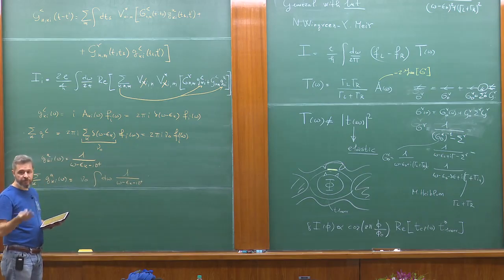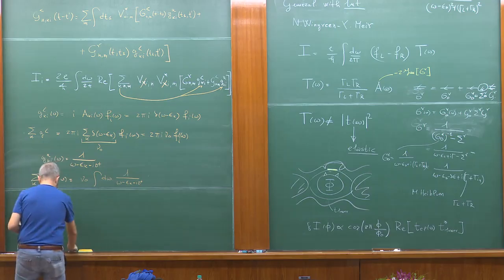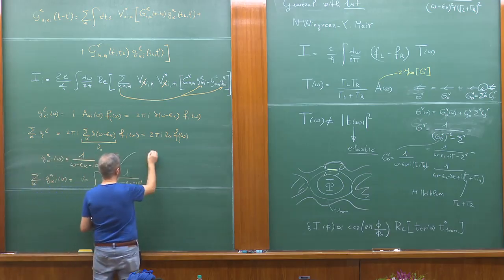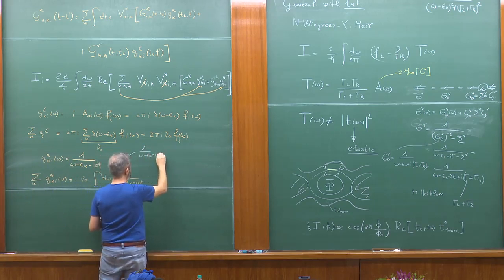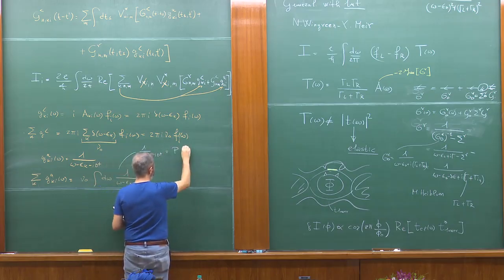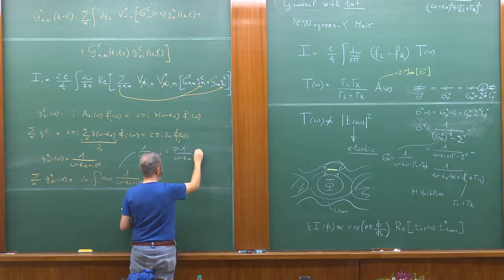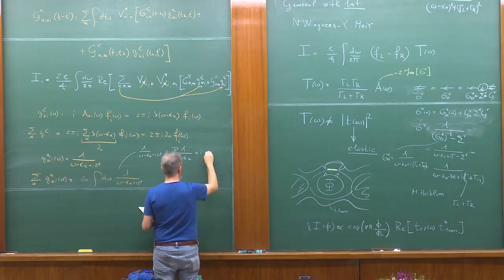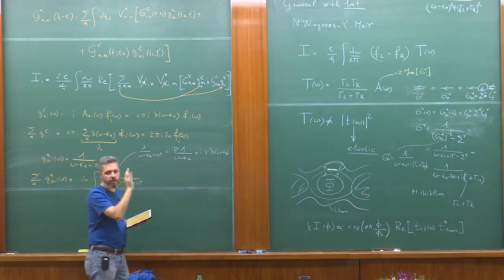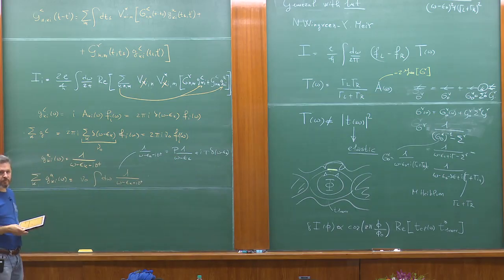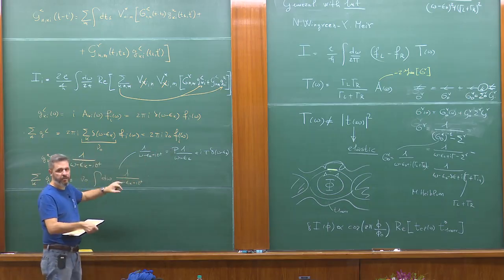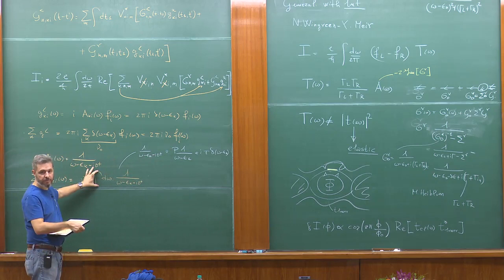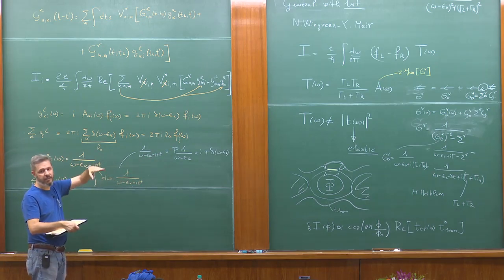And then I use the Cauchy formula, which I'm sure you're all familiar with, usually written in the form 1 over omega minus epsilon k minus i 0 plus equals the principal part of 1 over omega minus epsilon k plus i pi delta of omega minus epsilon k. Of course, it makes sense only under the sign of integral. Now, the principal part integral, in principle, can be dangerous if you put here some bandwidth and you're not exactly in the center of the band.